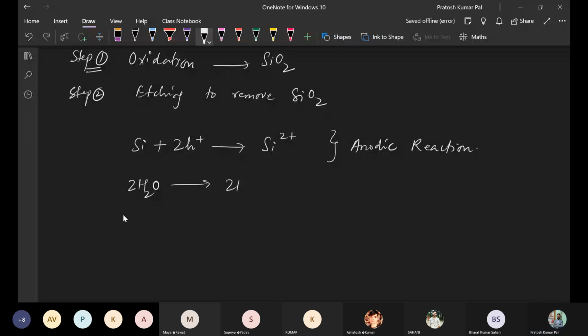That is how the reaction goes if we are going to use HF. HF reacts with SiO2, forming a chemical product and H2. This product will be dissolved, and by stirring we can remove it. So this is the case when we are using hydrofluoric acid.